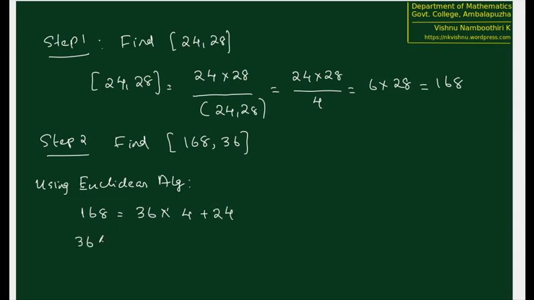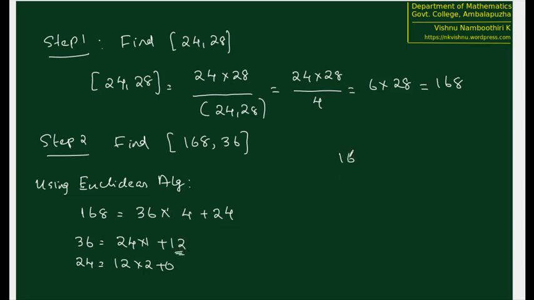Now 36 is equal to 24 into 1 plus 12, and 24 is equal to 12 into 2 plus 0. Therefore the GCD of 168 and 36 is equal to 12.